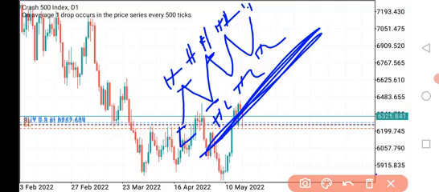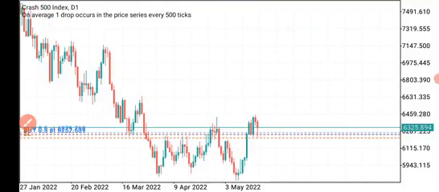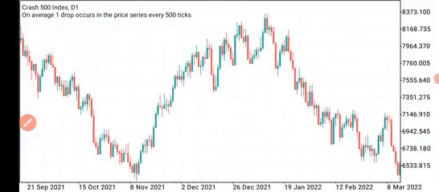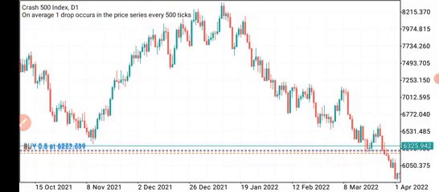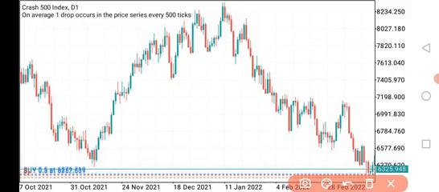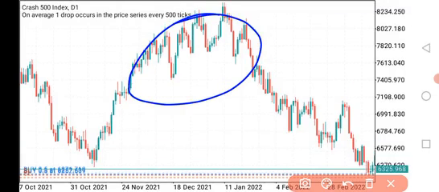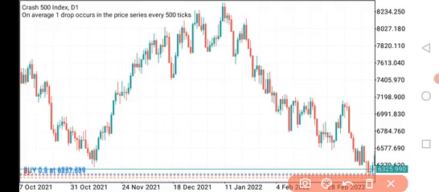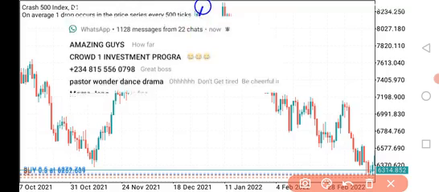So let's go to the chart and see what we have there. Let me start from this place so that we can grasp what I'm talking about. Price came down, went up. Typically, price does this, then retraces a little bit, then creates another high.